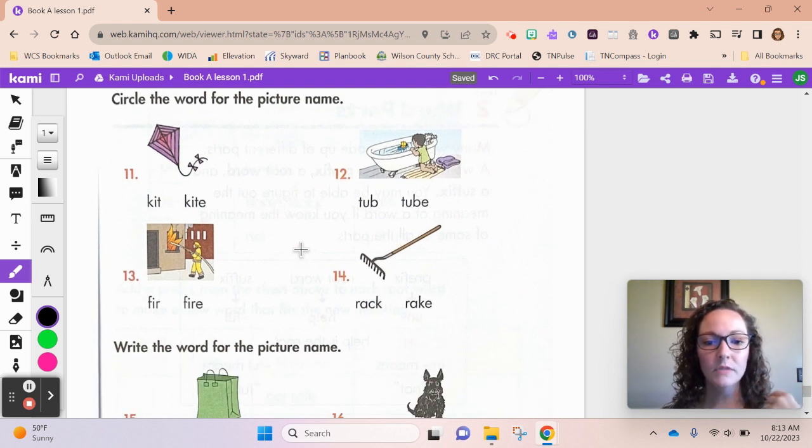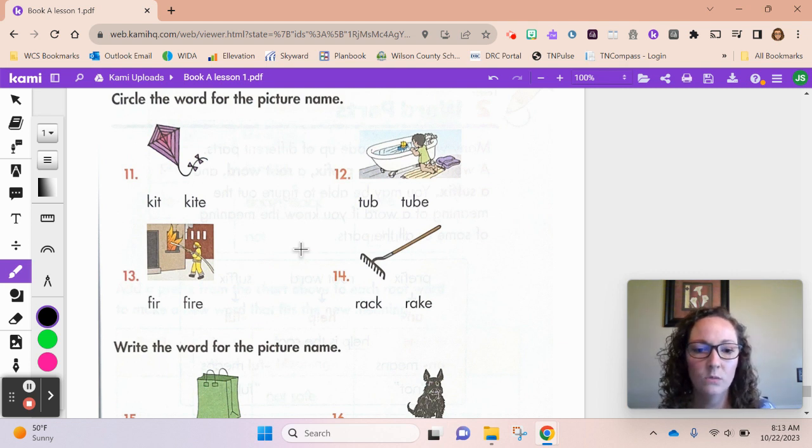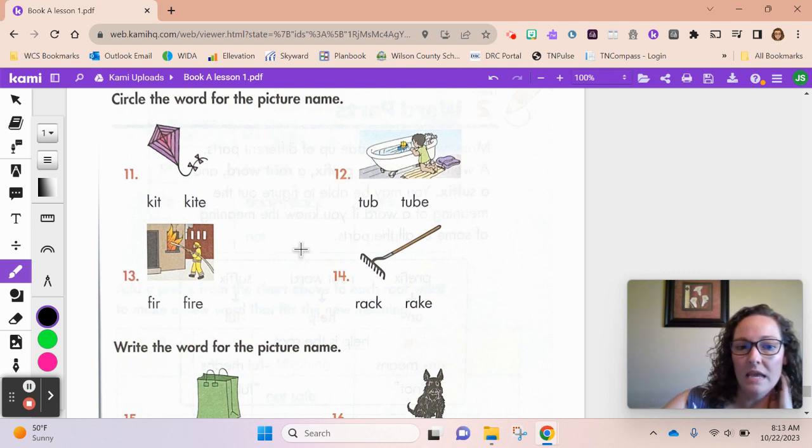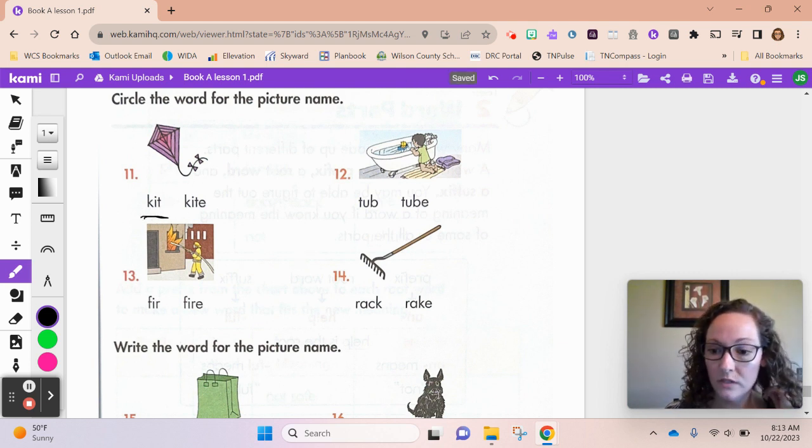Okay. Now we are talking about short vowel versus long vowel sounds. I want to remind you that when a vowel is in the center of two consonants, it's a short sound.